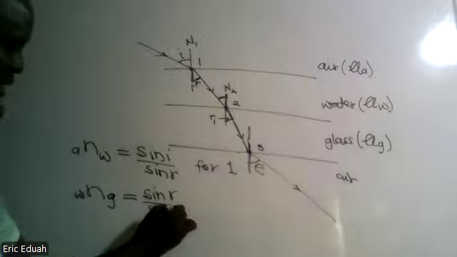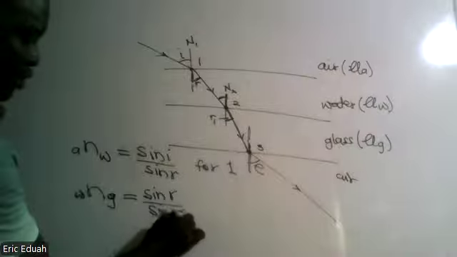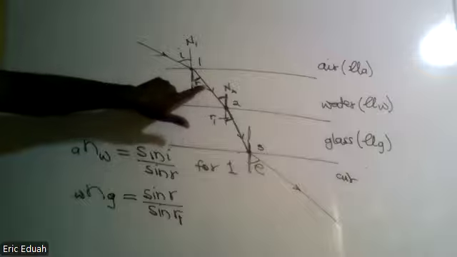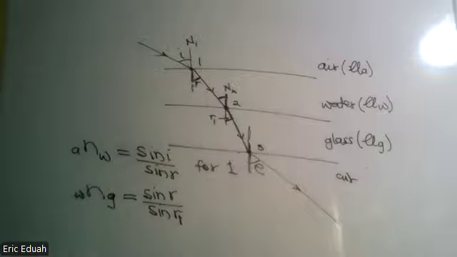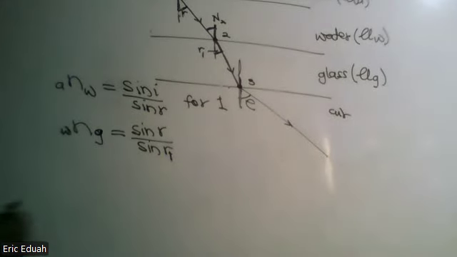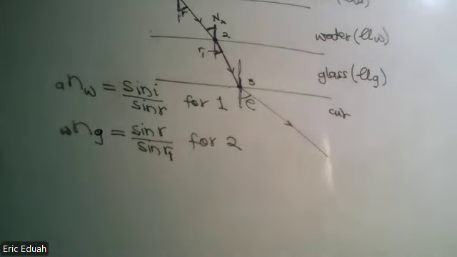So this is R1, R subscript 1, just to create that distinction between the R here and the angle of refraction here. Please, are you with me, class? So this is for the second boundary.